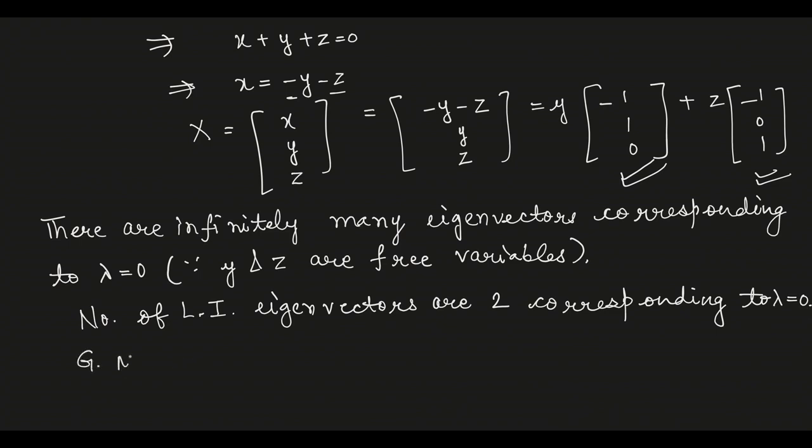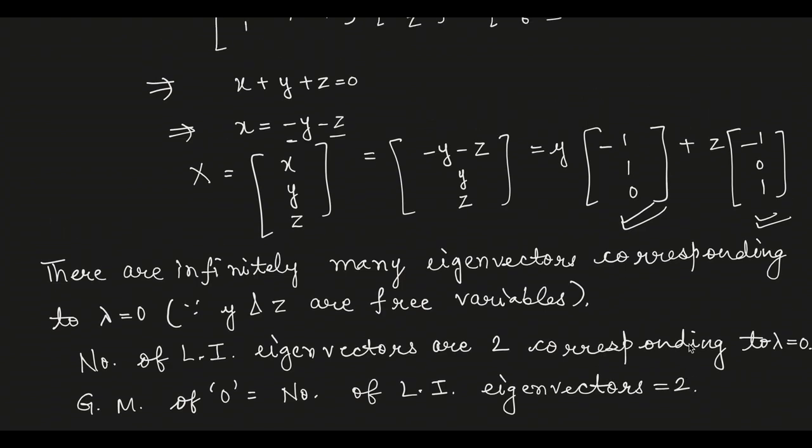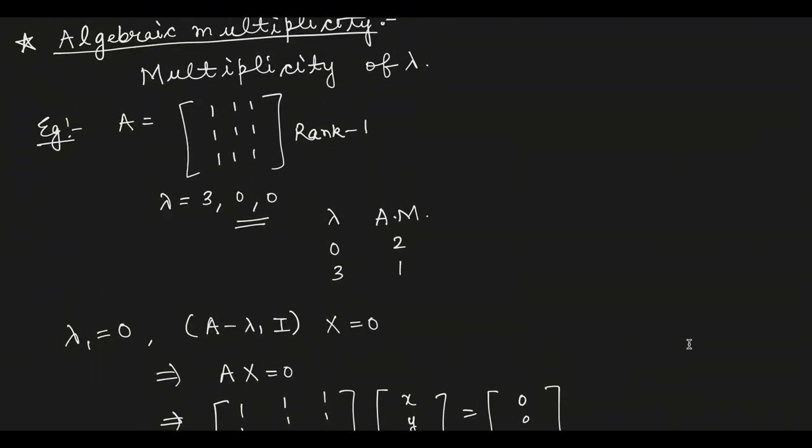So GM of 0 will be the number of LI eigenvectors, which is 2. And if you check corresponding to lambda equal to 3, then GM will be 1. We want to find the eigenvector for lambda equal to 3.